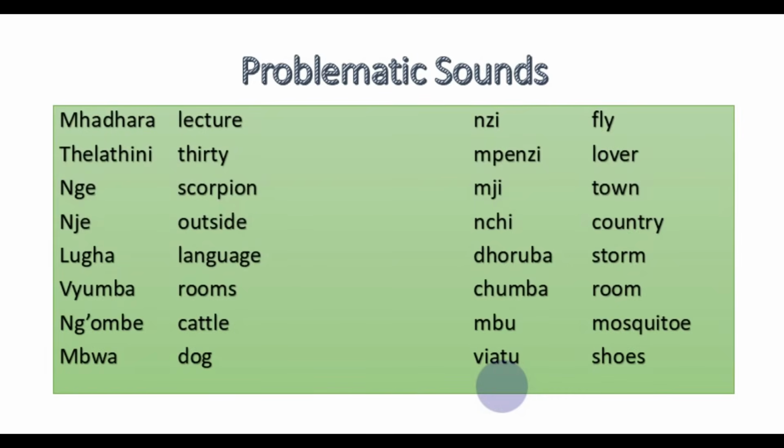Viatu, shoes. So basically this is how we pronounce these words, and I hope that this is going to help you to pronounce more words correctly in Kiswahili. Pronouncing words in Kiswahili is easy because you simply pronounce the words as you see them, the sounds of those words as they are written.